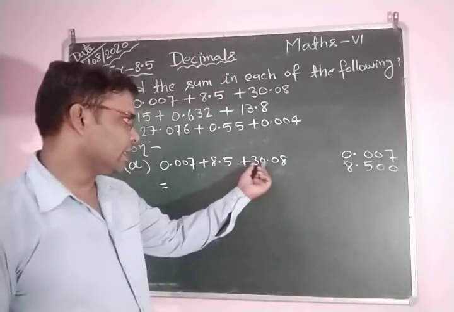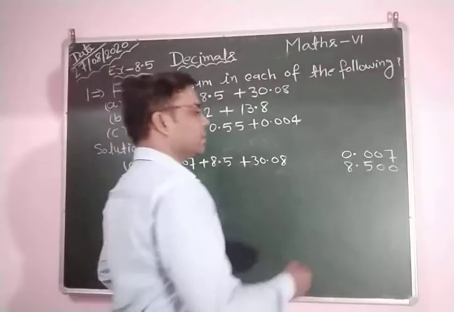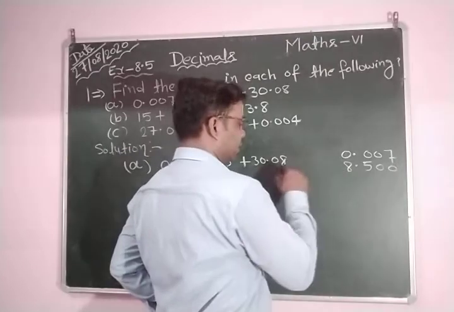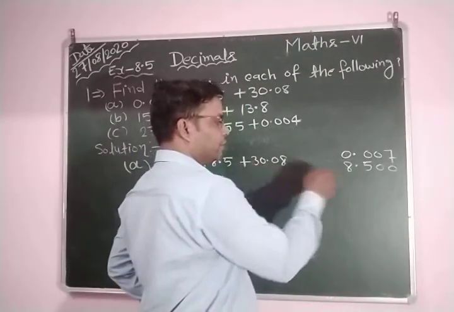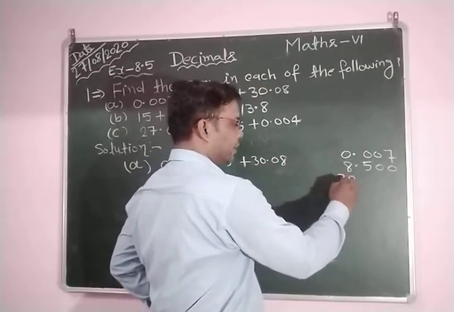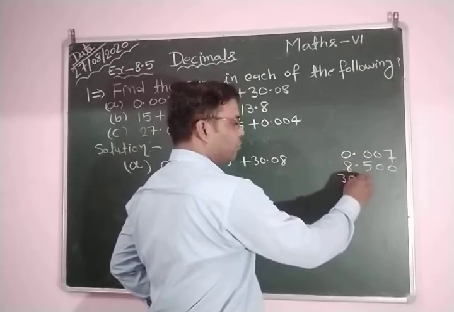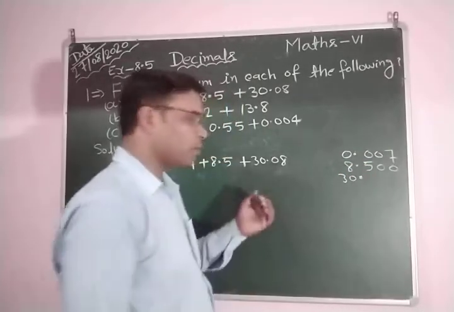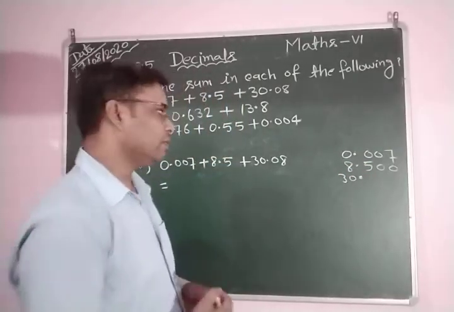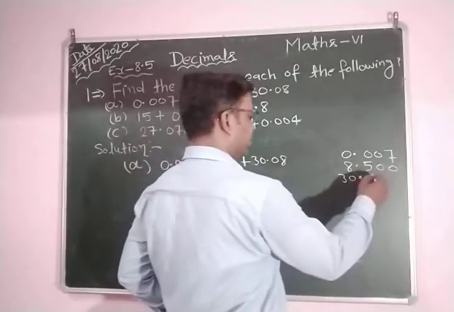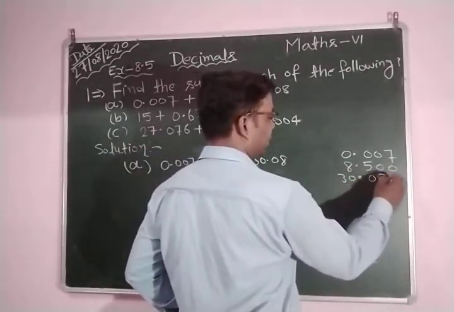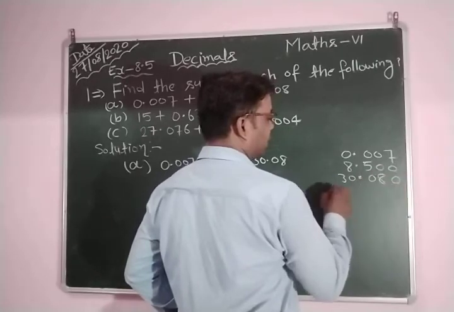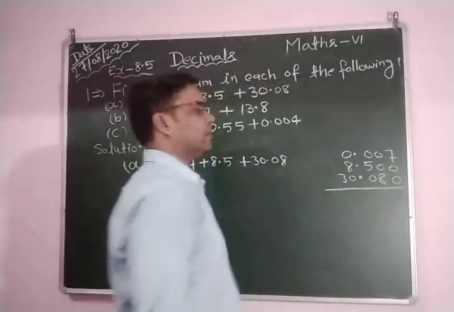And next is 30.08. So you can write here 30. The unit digit is 0. This is 30. After this decimal below you write again decimal 30.08. So we write here 08, and also you can write 10 again. This is no problem.